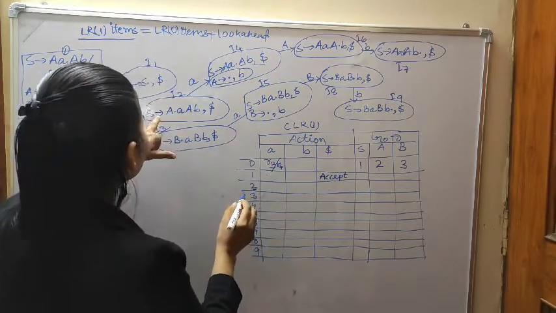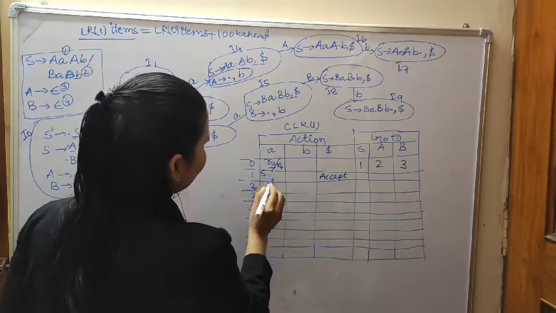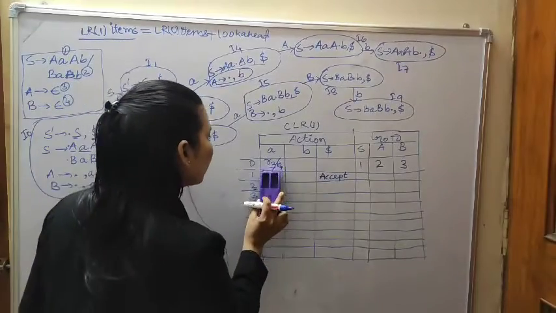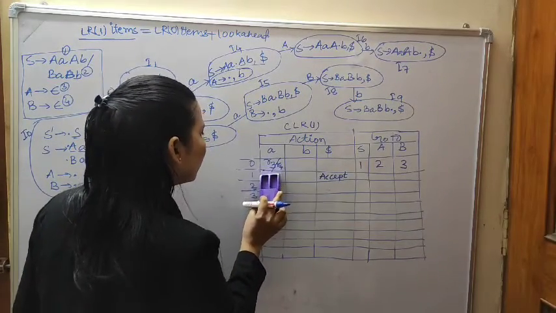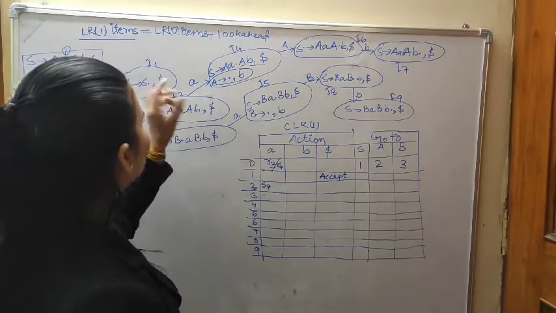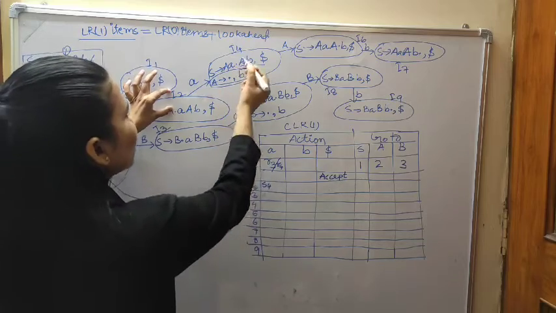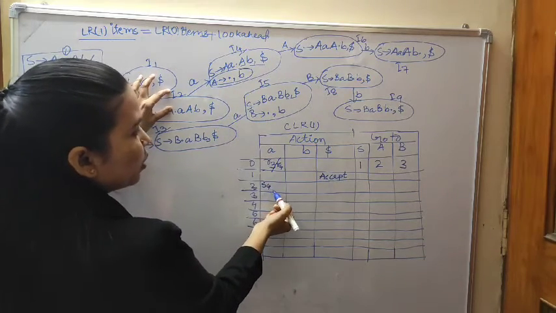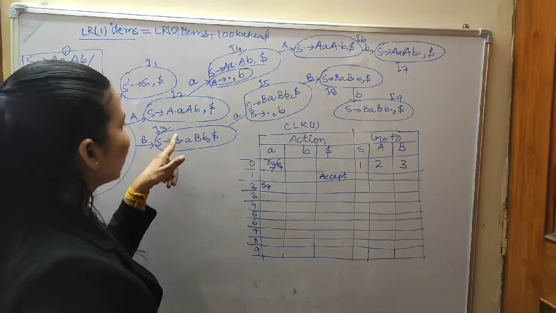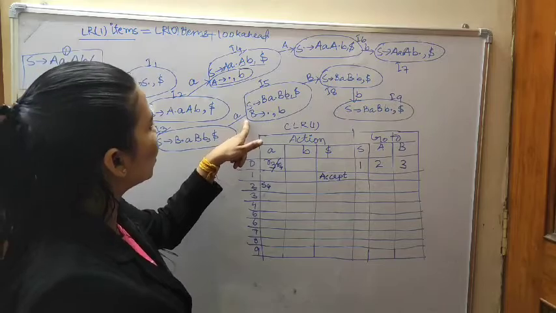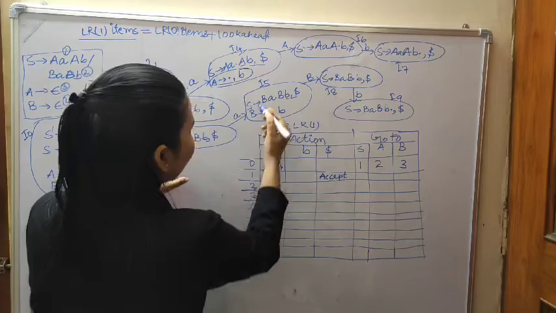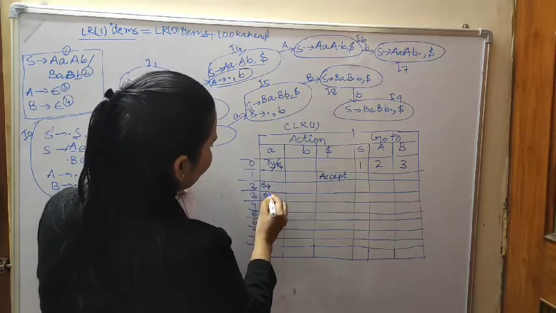So in the A place we write S4, because it is state number 2, not state number 1. Now from state number 2 we shift A to 4, so shift 4. And state number 3 also we shift A to 5, so write S5.